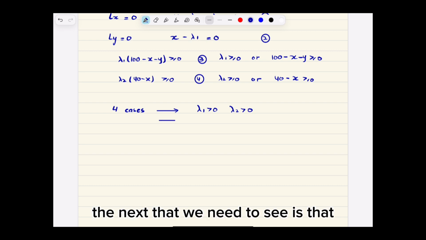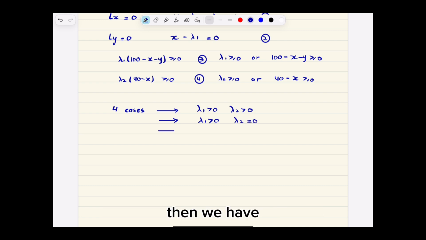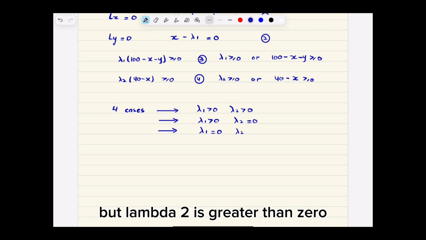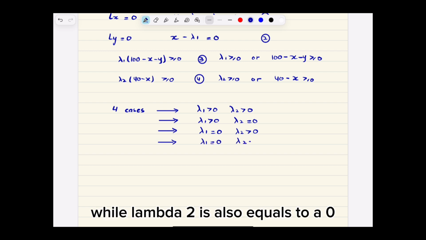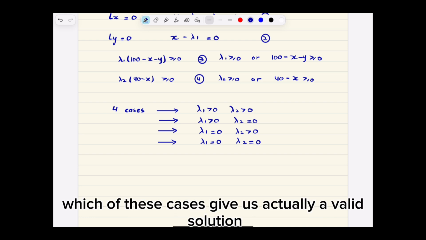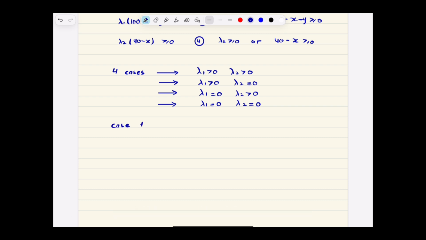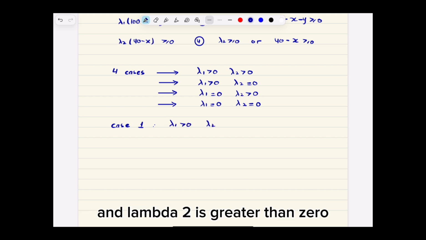The next is that lambda 1 is greater than 0 but lambda 2 is equal to 0, then a possibility of lambda 1 is equal to 0 but lambda 2 is greater than 0. And the final possibility is that lambda 1 is equal to 0 while lambda 2 is also equal to 0. So let's see which of these cases give us actually a valid solution. So let's start off with this case. I'll just write this case 1, and I'm saying lambda 1 is greater than 0 and lambda 2 is greater than 0.